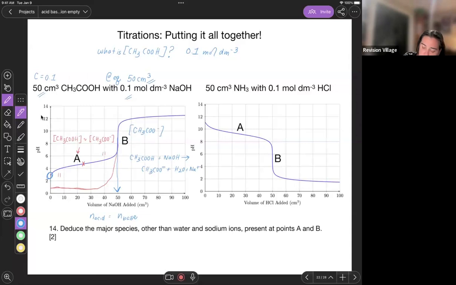Over here at A, when we're titrating a weak base with a strong acid, again, we're going to have NH3 in a concentration that should be very much equal to its conjugate acid. And then we are doing the titration where we neutralize the base with a strong acid at the equivalence point when the moles are equal.